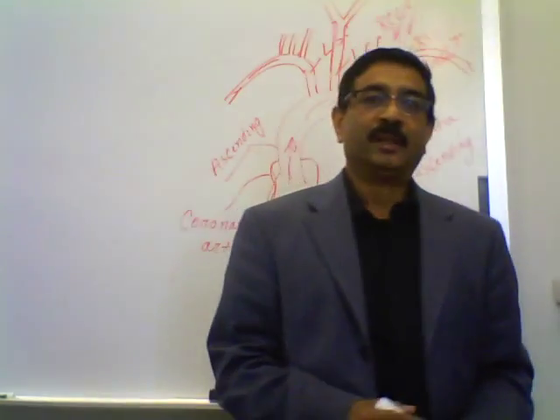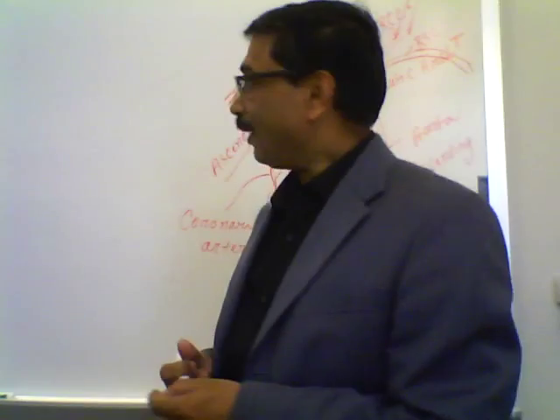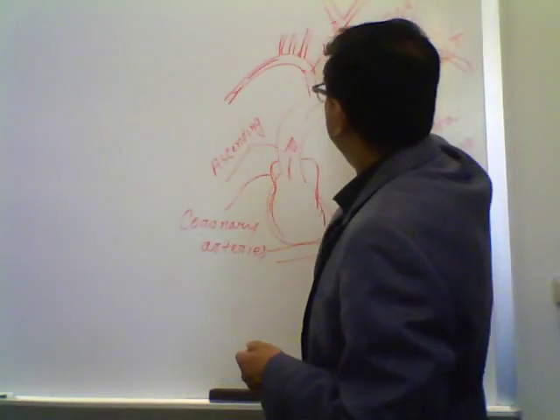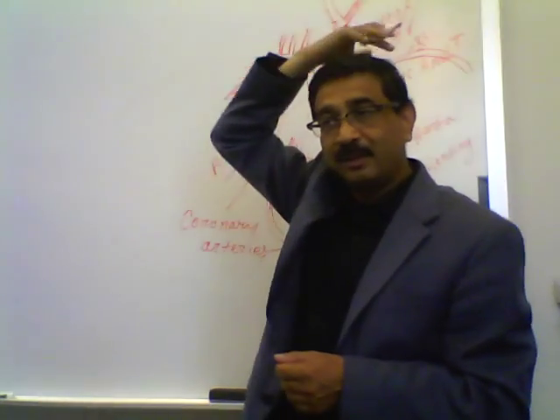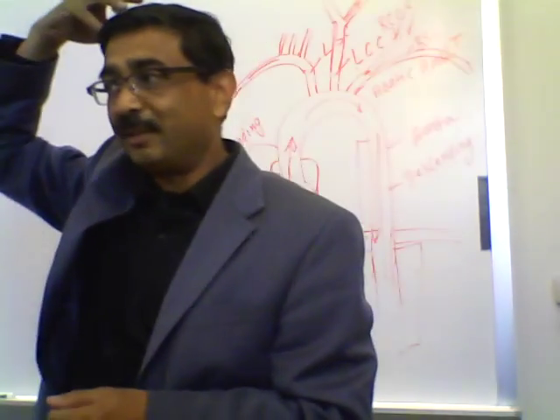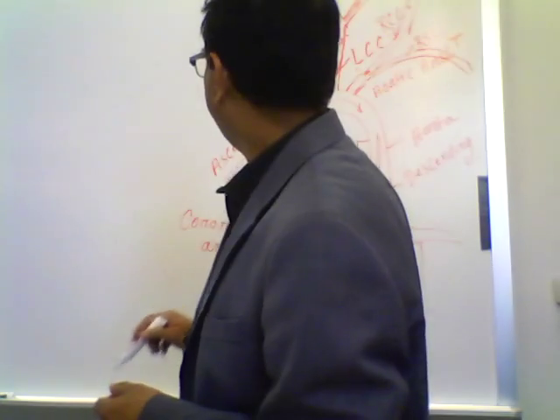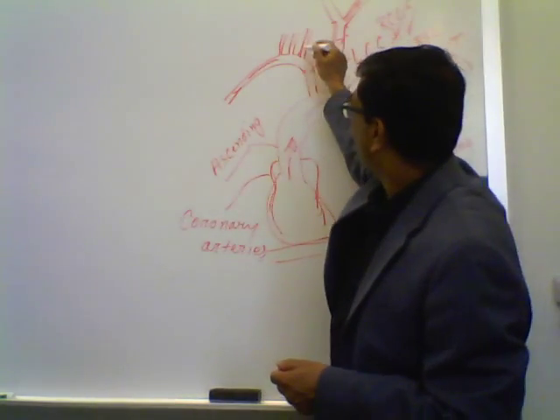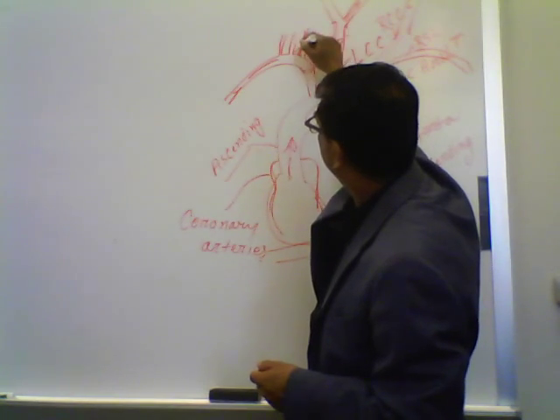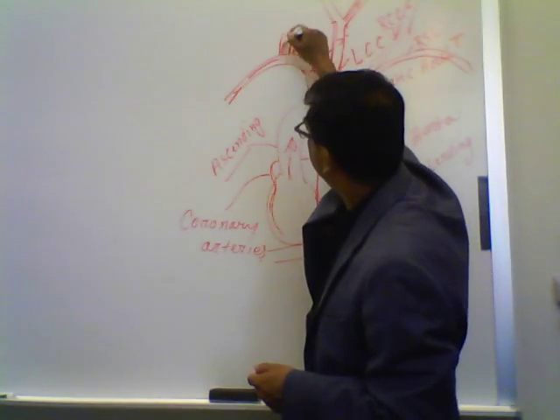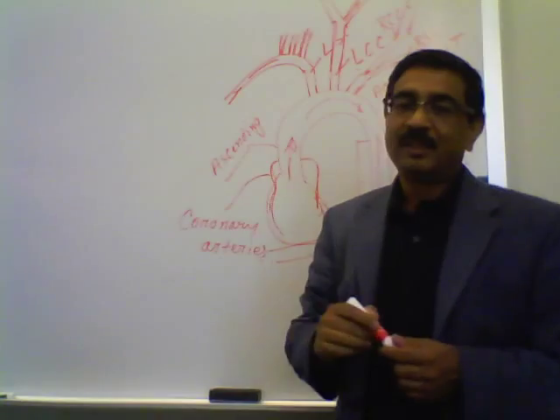Okay? Then, internal carotid supplies blood to the what? Brain. Remember, okay? And now, subclavian. Let's go back to subclavian. I told you how many branches here? Three.